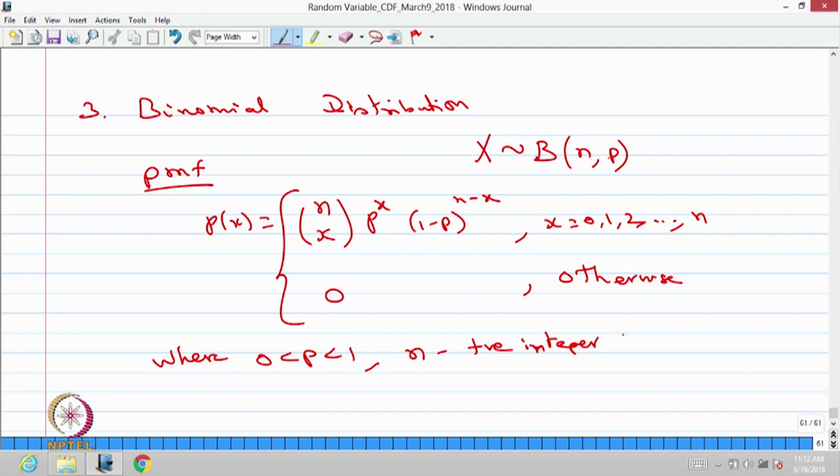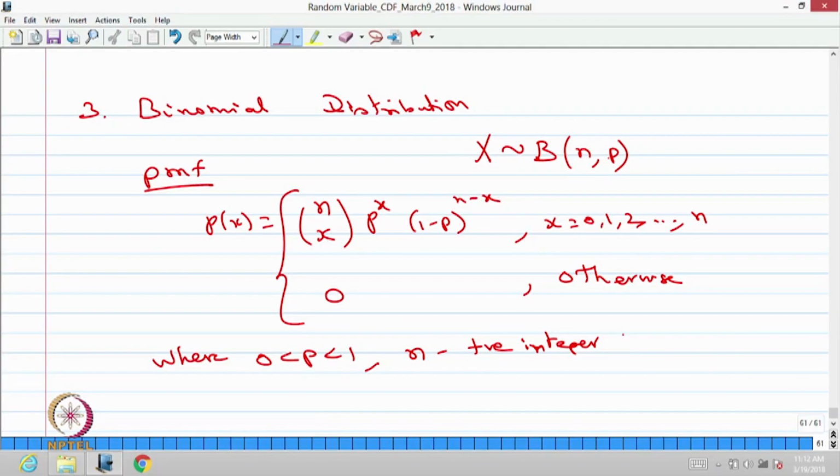If you supply the value of n, which is a positive integer, and small p, which lies in the open interval 0 to 1, then you know the probability distribution of this random variable. The probability mass function has this form.